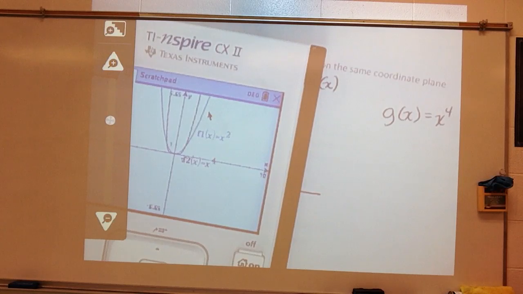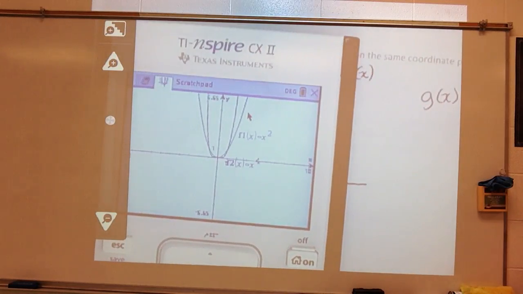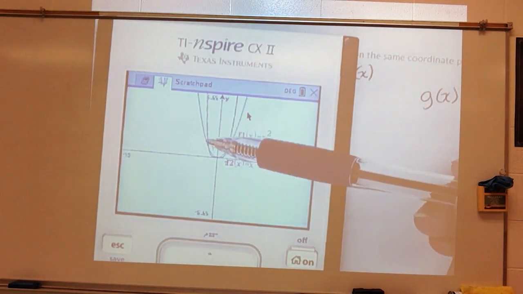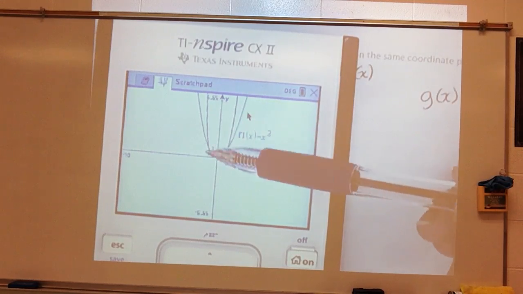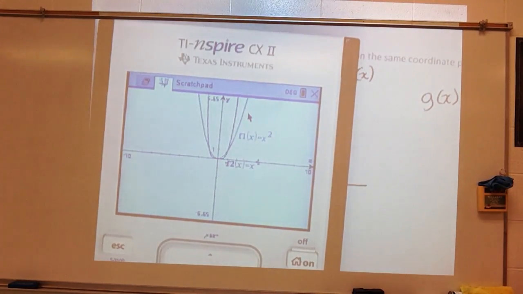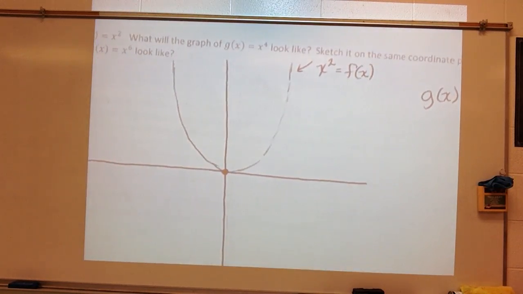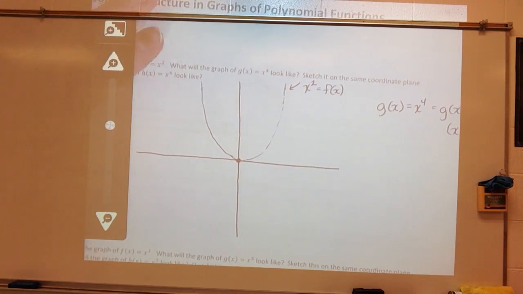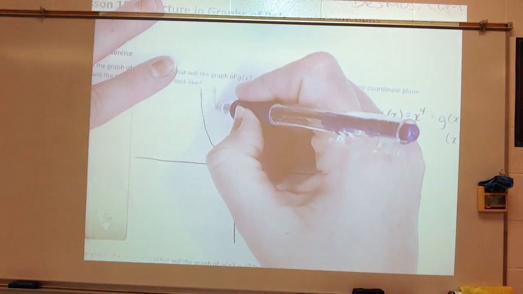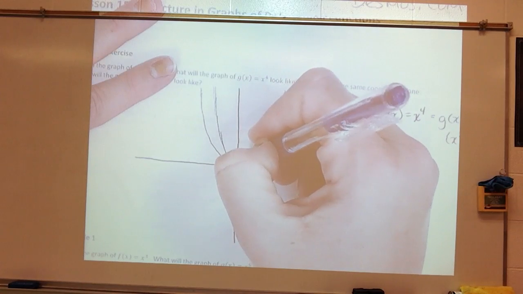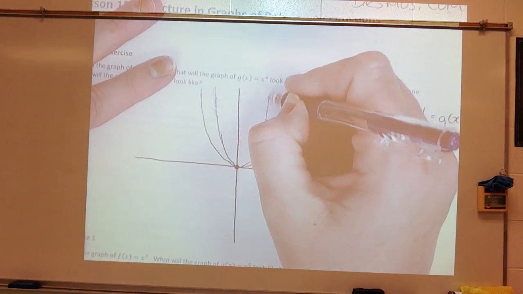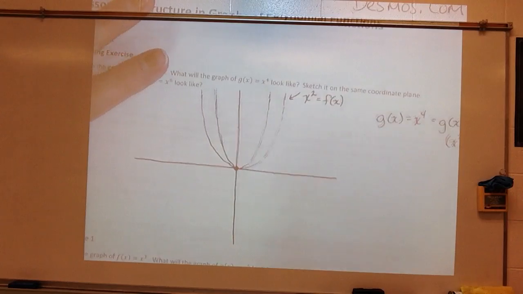I know it's kind of hard to see, but the graph of x to the fourth is this graph here. Notice that it increases quicker than f of x does. Alright, so it's going to have the same shape. It's just going to increase quicker than f of x does.